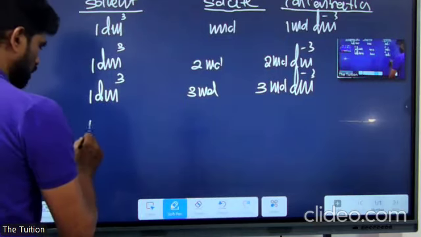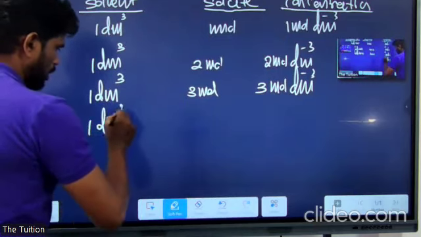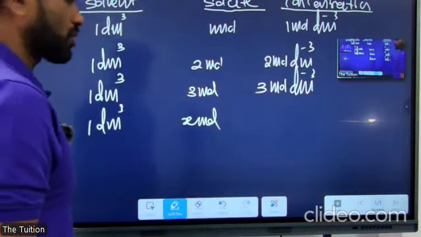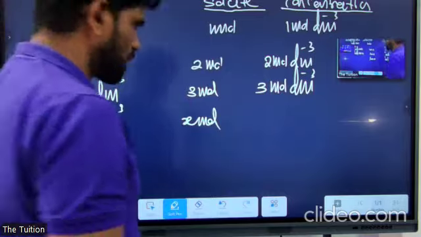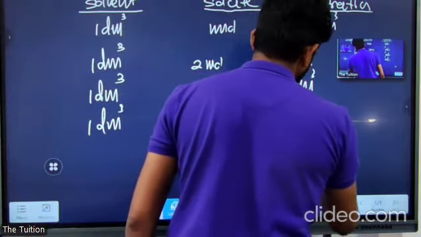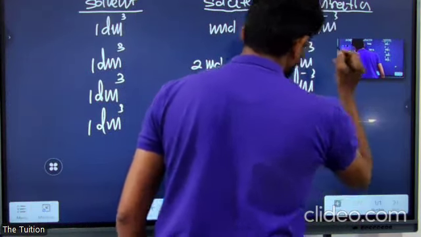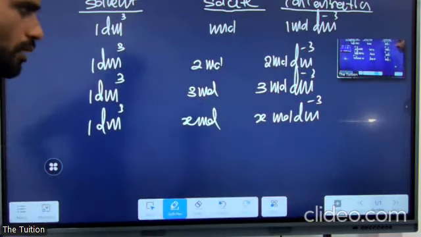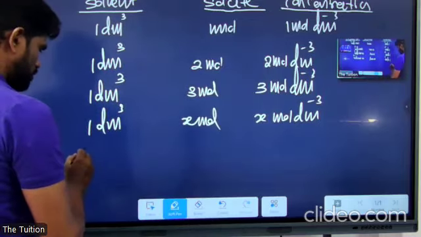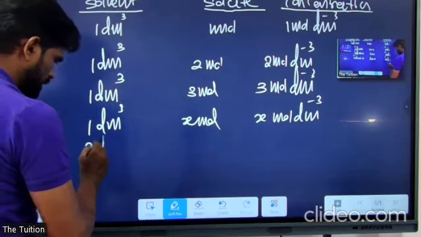So you dissolve x mole of solute in a 1 cubic decimeter solvent: x mole per cubic decimeter. Now I will change the volume. So you are going to take 2 cubic decimeter.